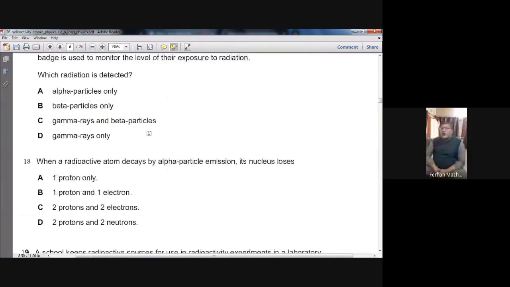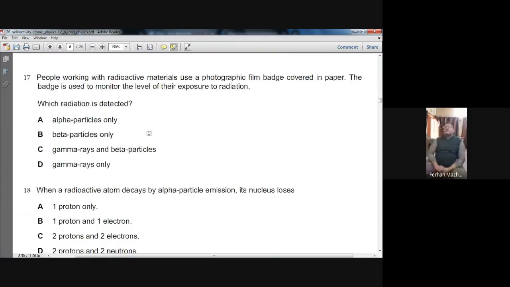People working with radioactive materials use a photographic film badge covered in paper. The badge is used to monitor the level of their exposure to radiation. Which radiation is not detected? It is covered with paper, so it cannot be used to detect the alpha particles because the alpha particles cannot pass through the paper.